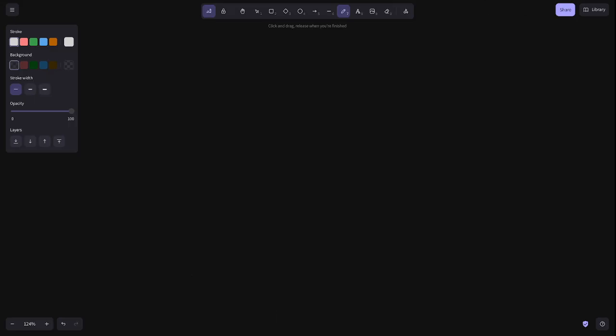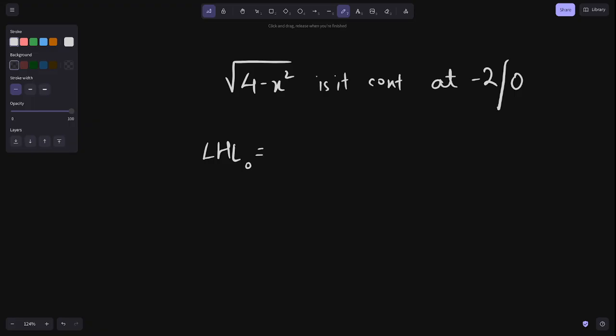So let's say we have to prove 4 minus x square. Is it continuous at -2 and 0? Okay. So let's do the LHL at 0. LHL at 0 will be what? It will just be 2. RHL at 0, it will be 2. I'm not telling how I'm doing this so fast. You have to know it before, if you have done limit.